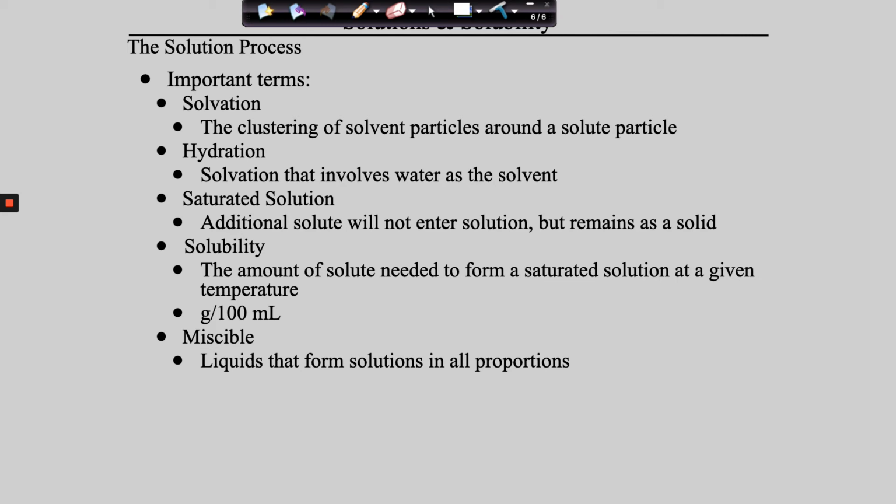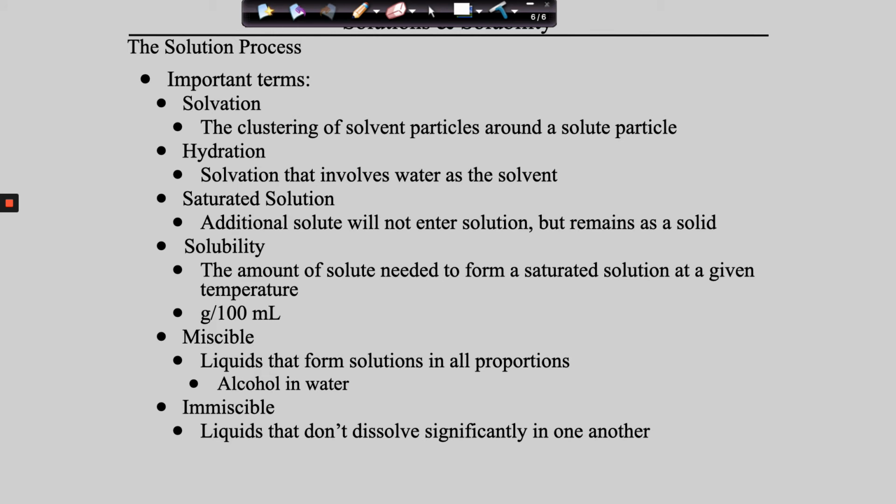So when liquids dissolve into liquids, it happens differently and you can't saturate them. Technically what happens is if you add so much alcohol to water, eventually alcohol becomes the solvent and not the solute, and it just keeps going. So when you get liquid-liquid solutions forming, you can't saturate them. We call this miscibility. And then, if a liquid doesn't dissolve in a liquid, technically it's not insoluble, it's immiscible.